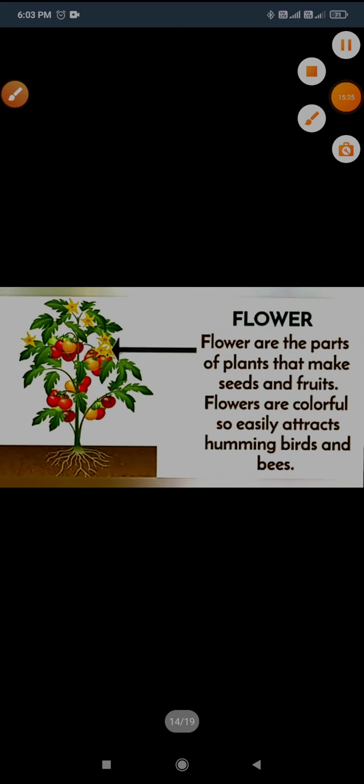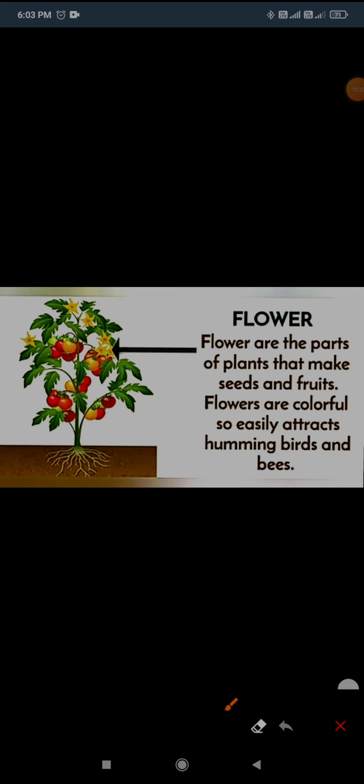Now the next, it is flower. Okay, so see flower. Flowers are the parts of the plant. This is also the part of the plant that makes seeds and fruit. So most plants bear flowers, and this flower makes seeds and fruit.